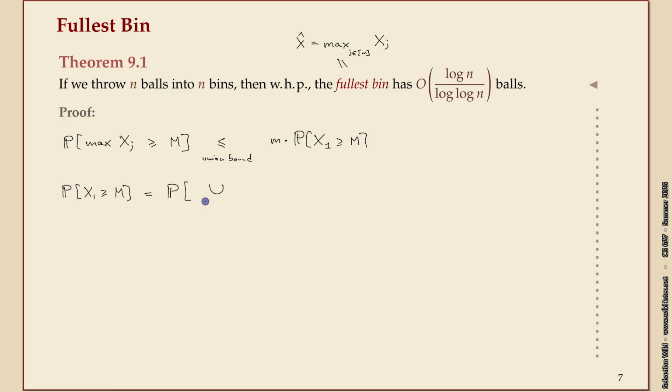Another option is to say we take the union over all subsets of balls of the size that we want, at least m, and we take the event that all balls i in this set I land in the given bin.